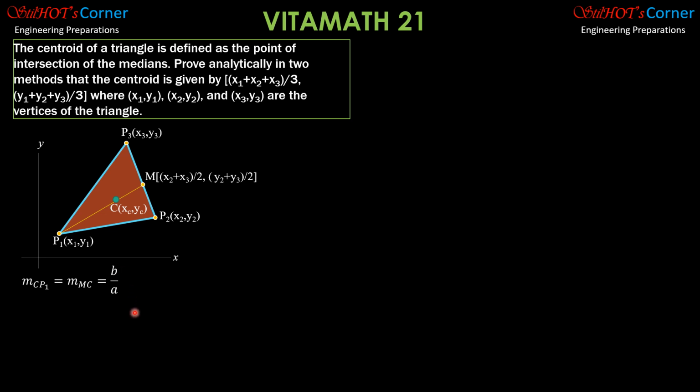So slope is the ratio of the vertical distance to horizontal distance, rise over run.